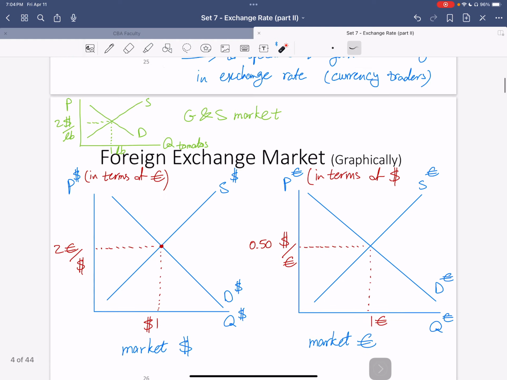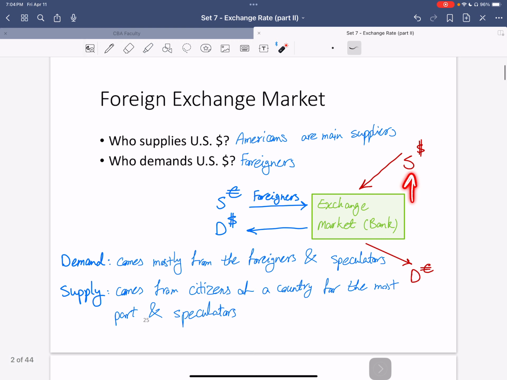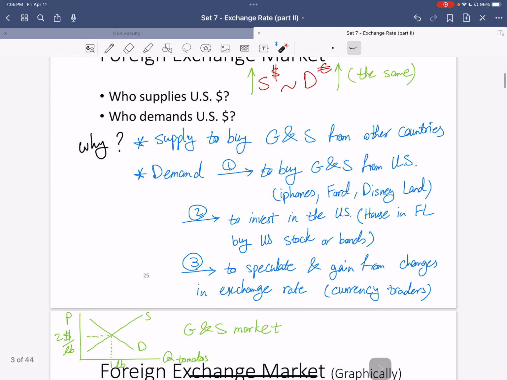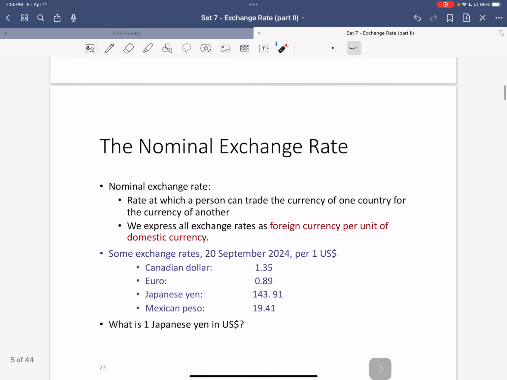If I go to the exchange market and I need to buy euro, I provide, as a US citizen, US dollars into this market. The supply of dollar in this market will increase because I want to buy euros, and the demand for euro will also increase. And the rate at which I exchange is the nominal exchange rate.